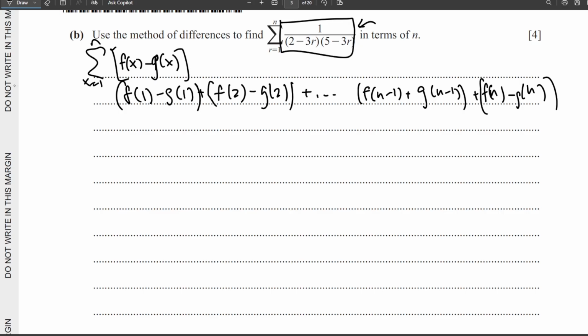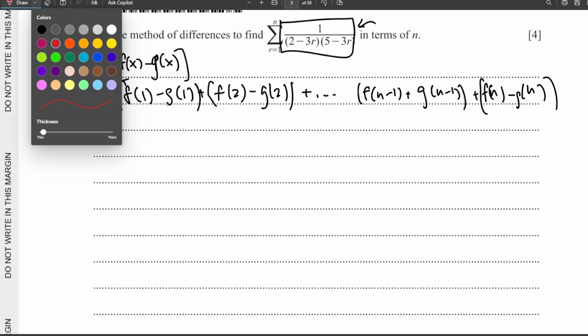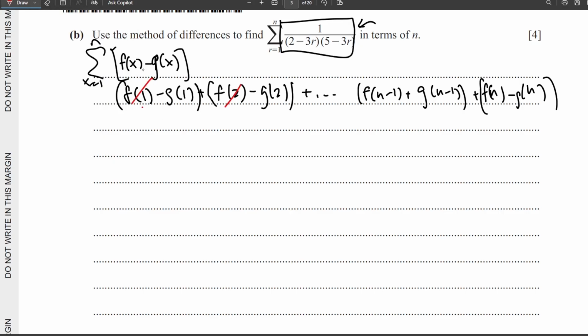Why we do this is because we hope that something will cancel, maybe g(1) and f(2), and then g(2) and f(3), and so on. So that's the method of differences.